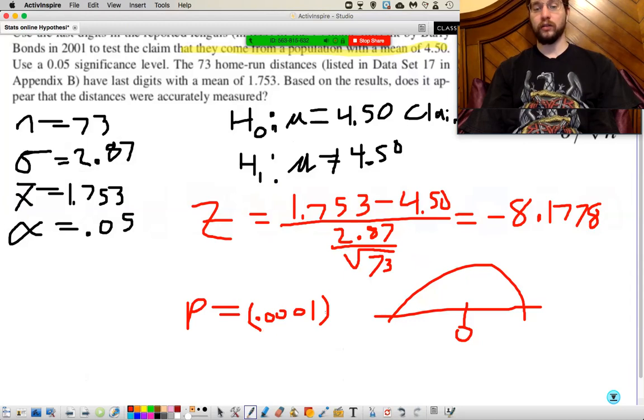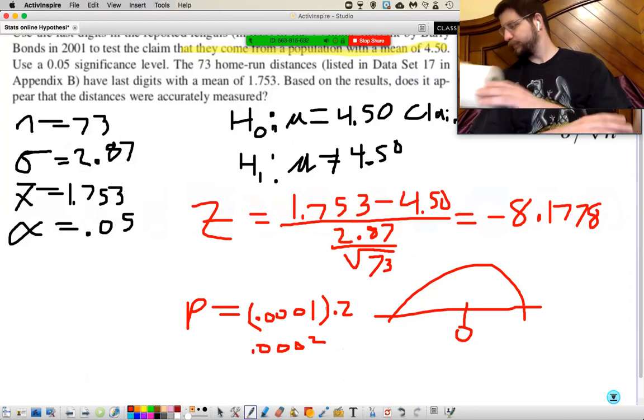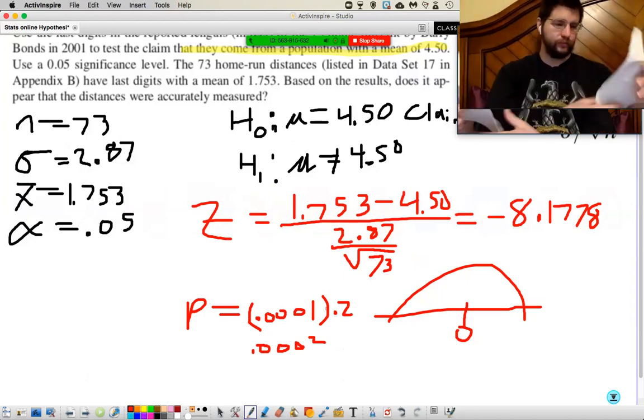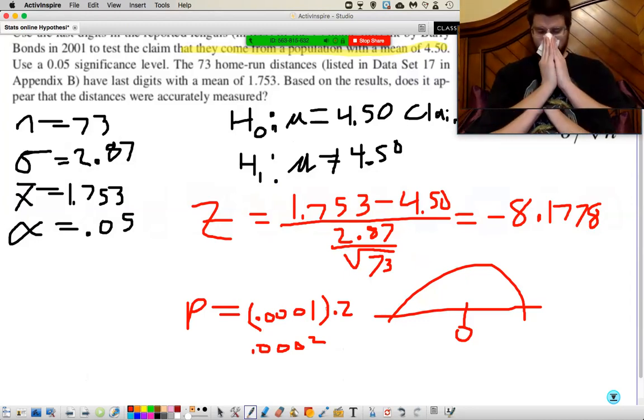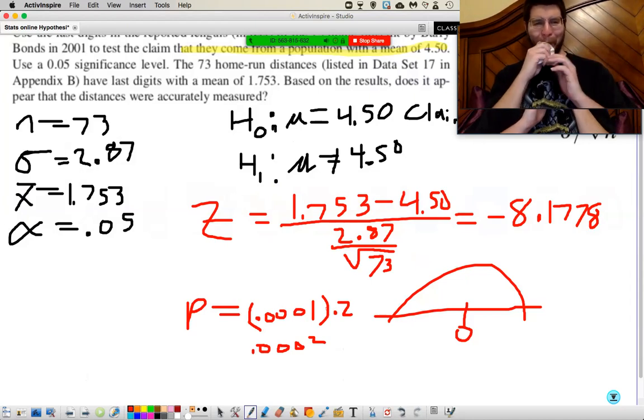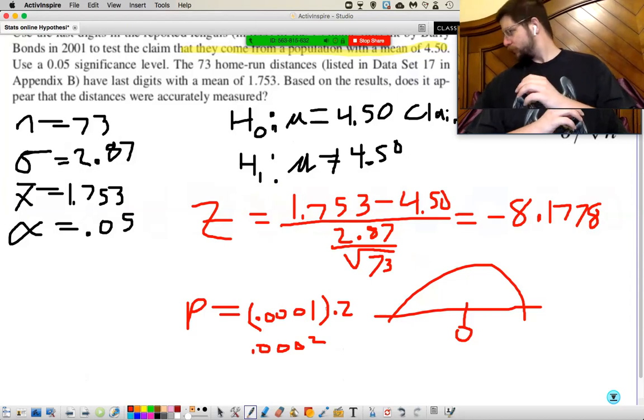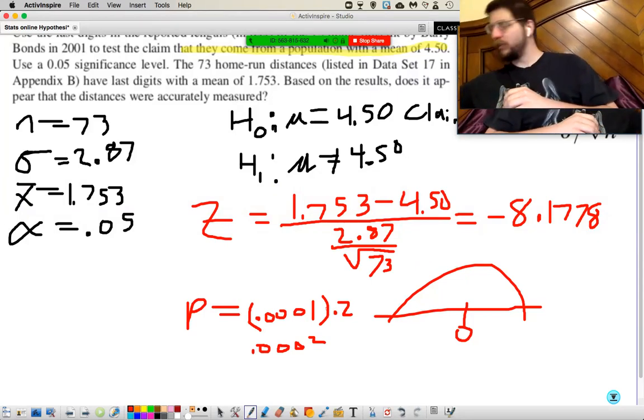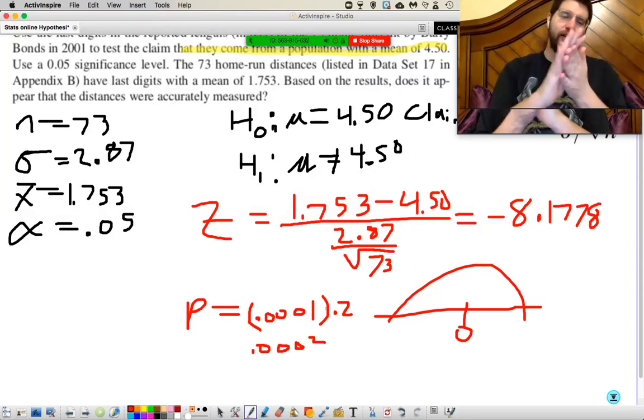So we have to double it, times 2. 0.0002 is the p-value used from the chart. With the calculator, the TI-83, we'll get a much more accurate p-value.